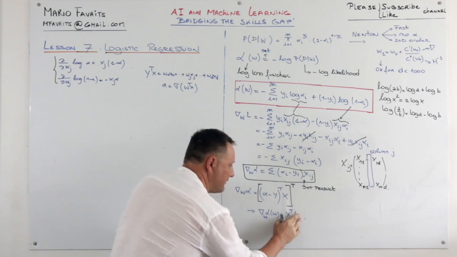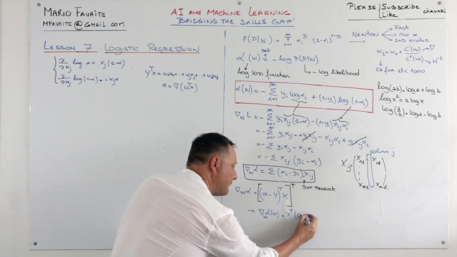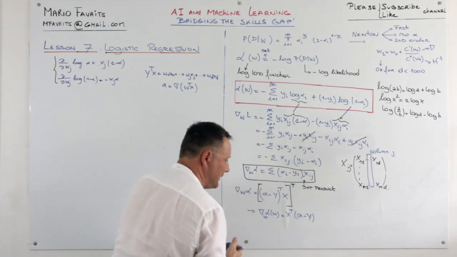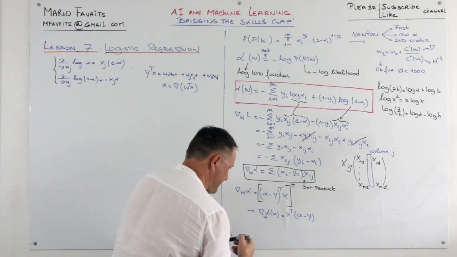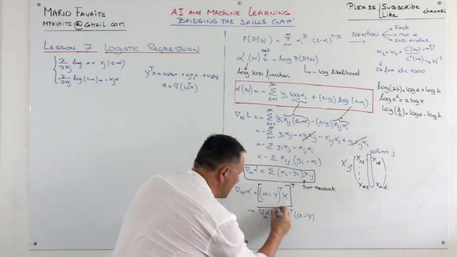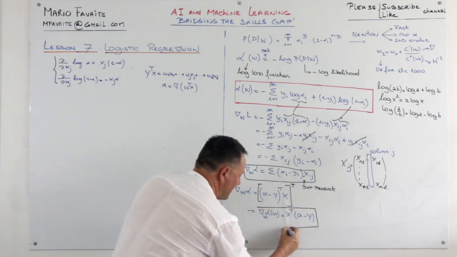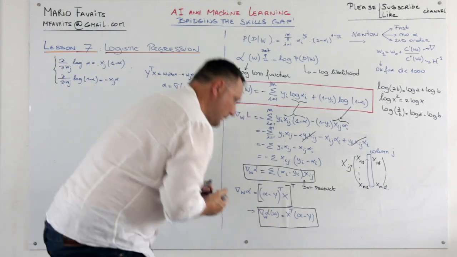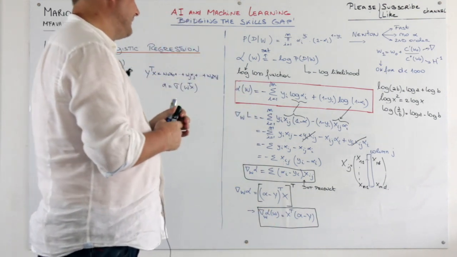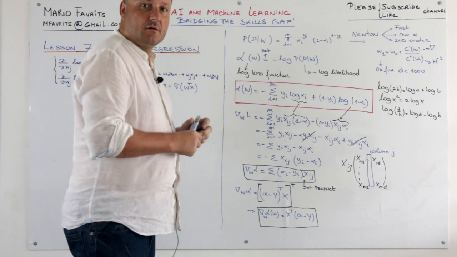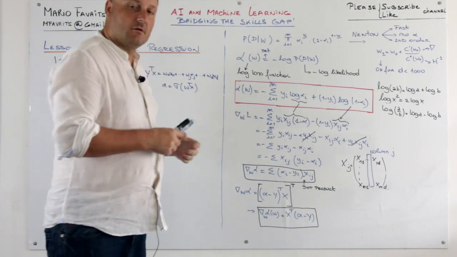Sorry, I'll put vectors here. Alpha minus y. And this is the formula that we're gonna work with. So now we calculated the gradient of this cost or loss function.